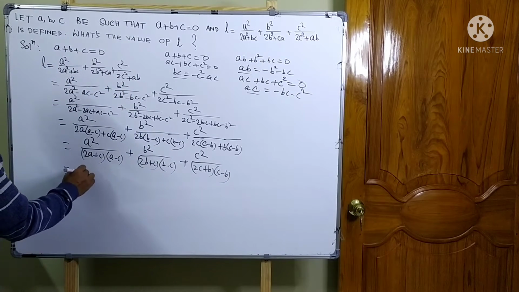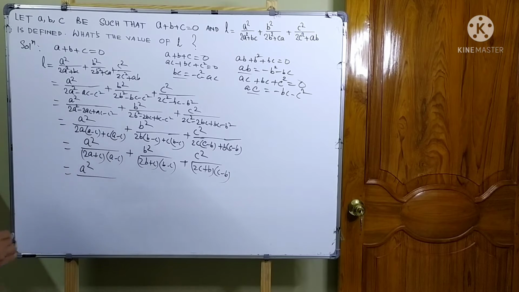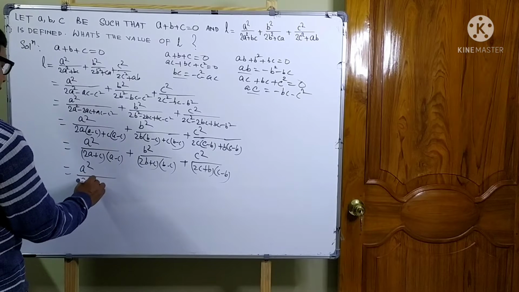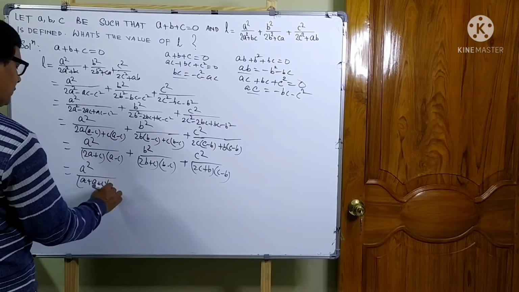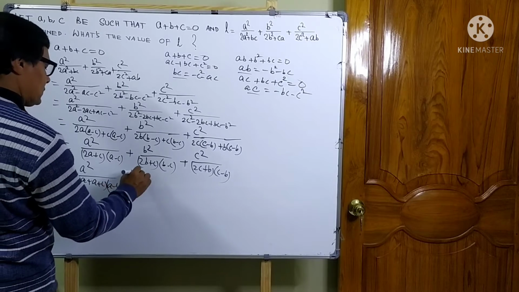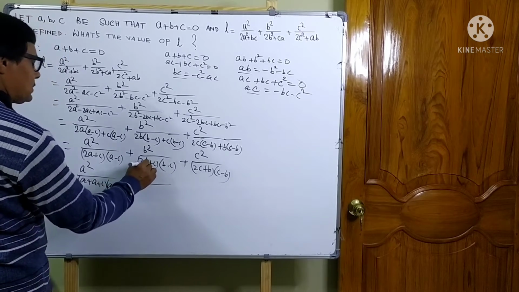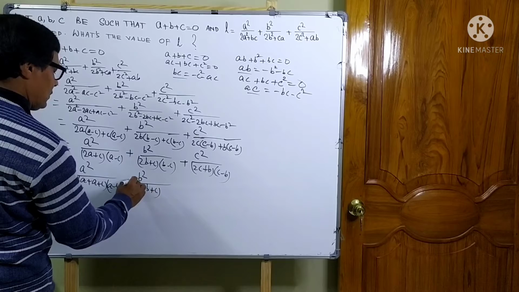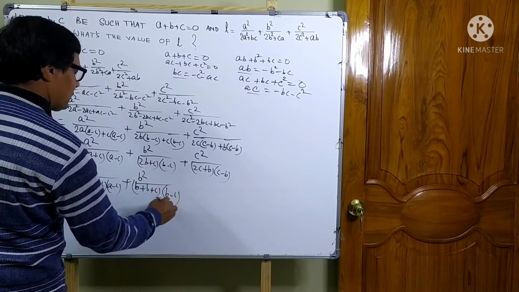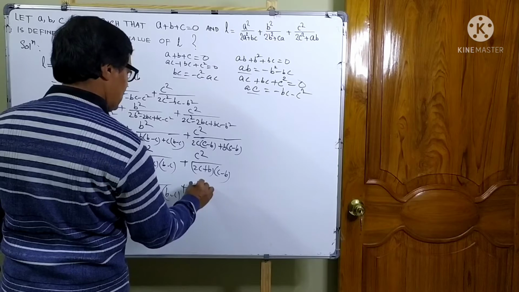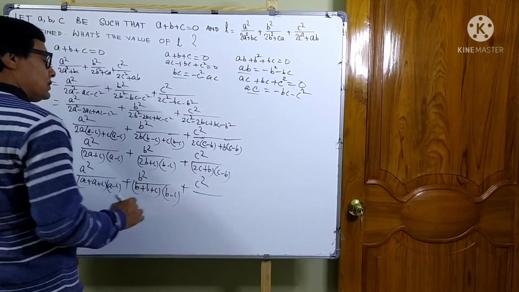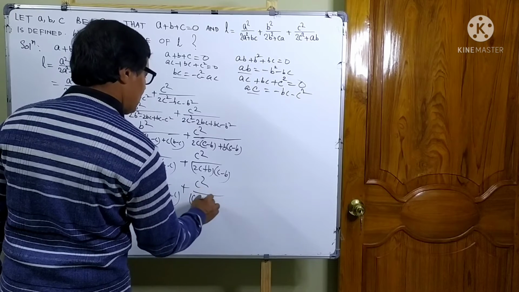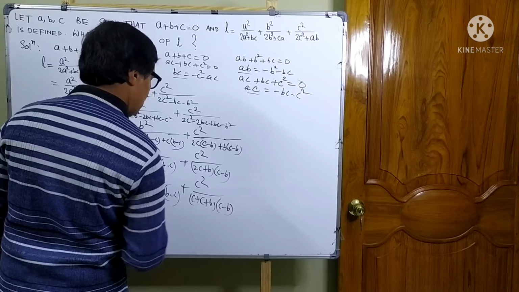Now we can write a² over (2a + c)(a minus c) plus b² over (2b + c)(b minus c) plus c² over (2c + b)(c minus b).